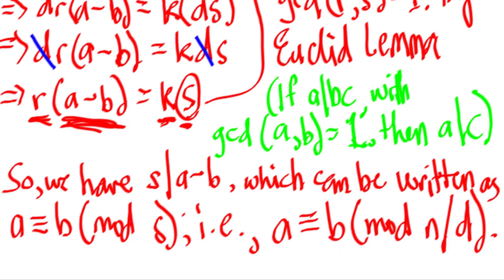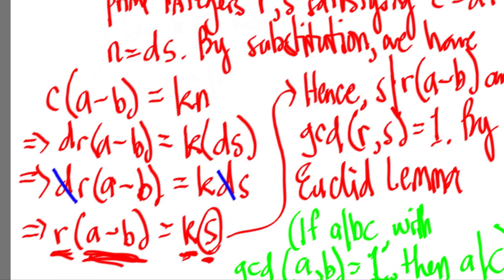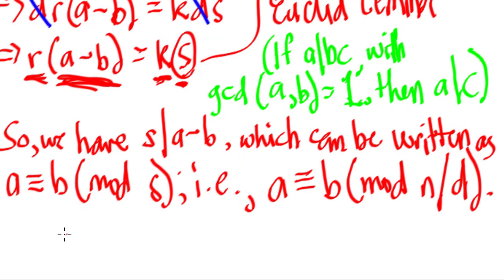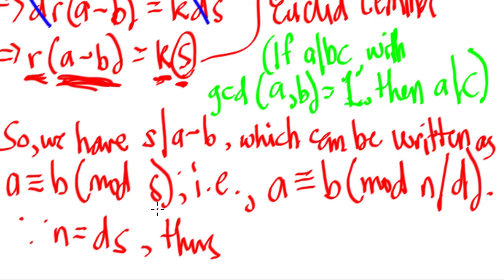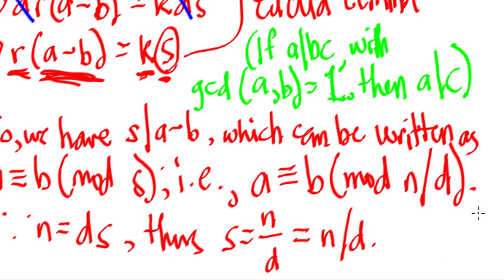Remember that N is equal to D times S. Because N is equal to ds, by transposition, we can say that S is equal to N over D. So therefore, this is the end of the proof.